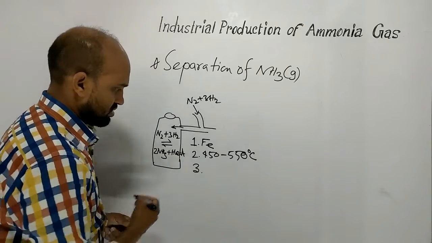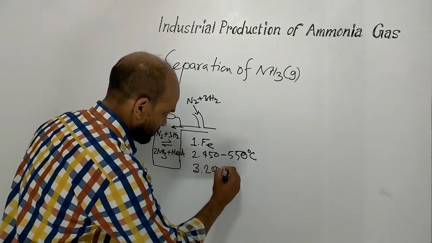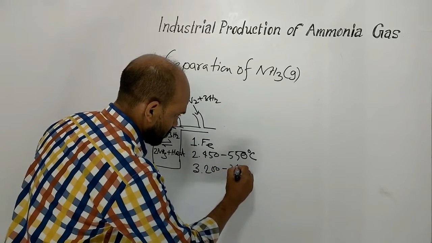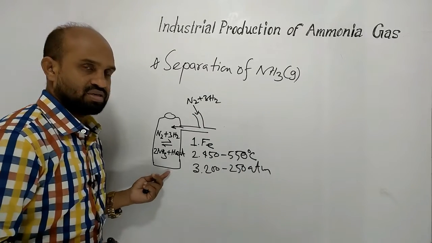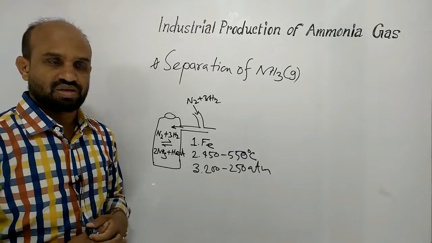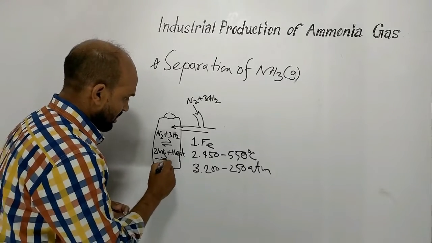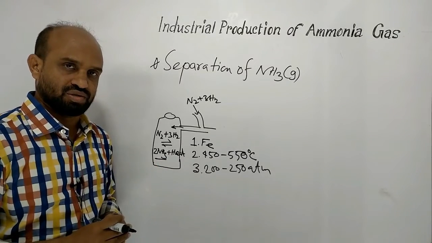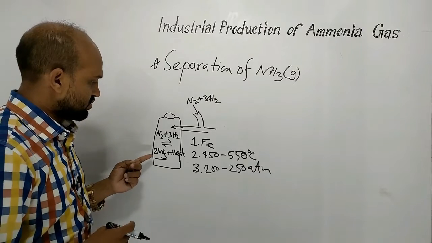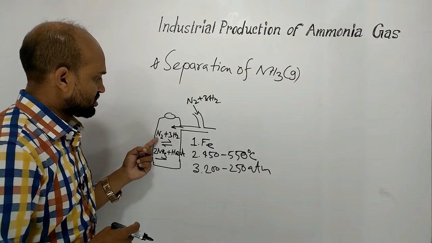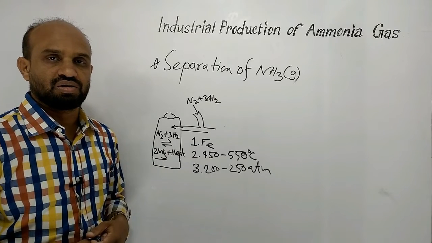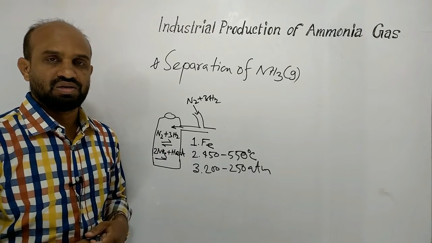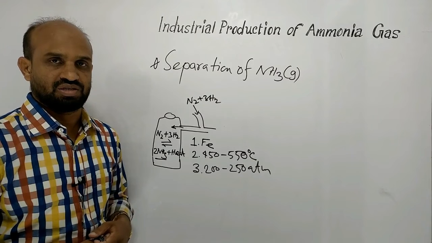Number 3, 200 to 250 atmosphere pressure is maintained, and as a result ammonia gas is produced, which is mixed with nitrogen gas and hydrogen gas, because the reaction that occurs here is a reversible reaction.